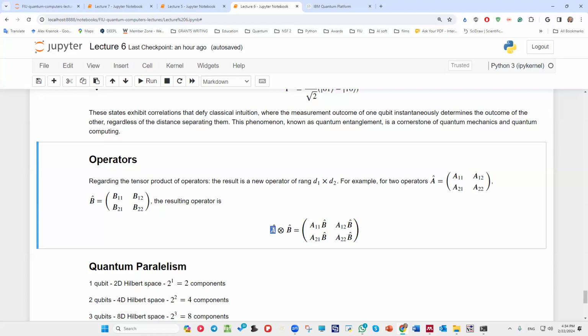Let's say operator A acts on subsystem A and operator B acts on subsystem B. Then this tensor product will work like this. If before interaction the operator A acts on the subsystem A, it will still act on the subsystem A.